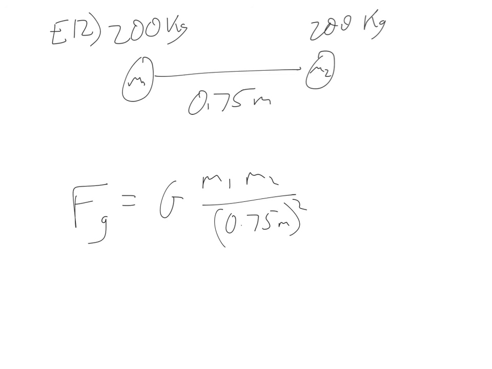So you can plug in all of your numbers. Capital G is 6.67, m1 is 200, m2 is 200, and then r is 0.75, and I square that, and I end up with a gravitational force that is very small, because the force of gravity is actually pretty small for small masses, of 4.74 times 10 to the minus 6 newtons.